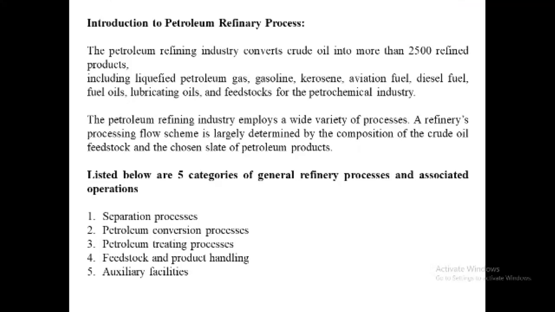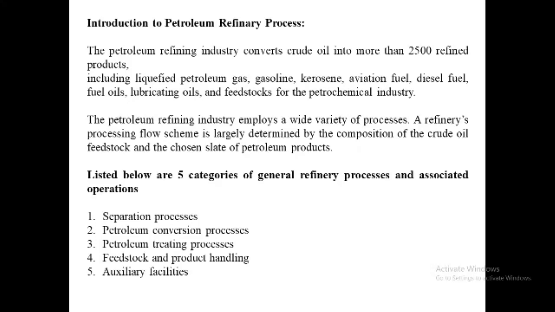Next one is feedstock and product handling. What is this? In that, the storage of fuel, then blending of fuel, the loading of fuel and unloading of fuel are included. And last but one is the auxiliary facilities. Basically, this involves the boiler, wastewater treatment, hydrogen production, and sulfur recovery plant.